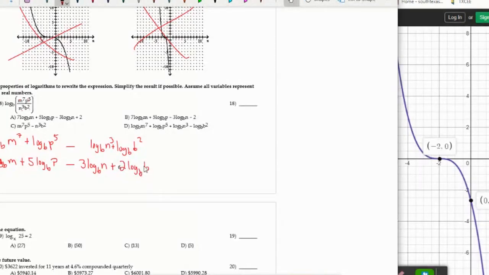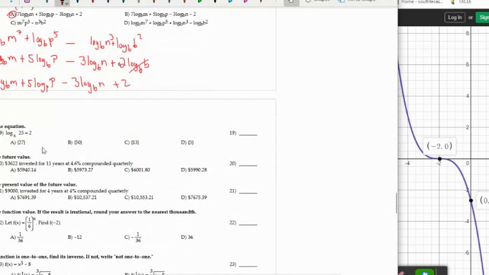And then we have to remember that these two log b's are the same. They kind of cancel. And I think we are now done. We're just rewriting it as 2, which would be A. Okay, so far so good.